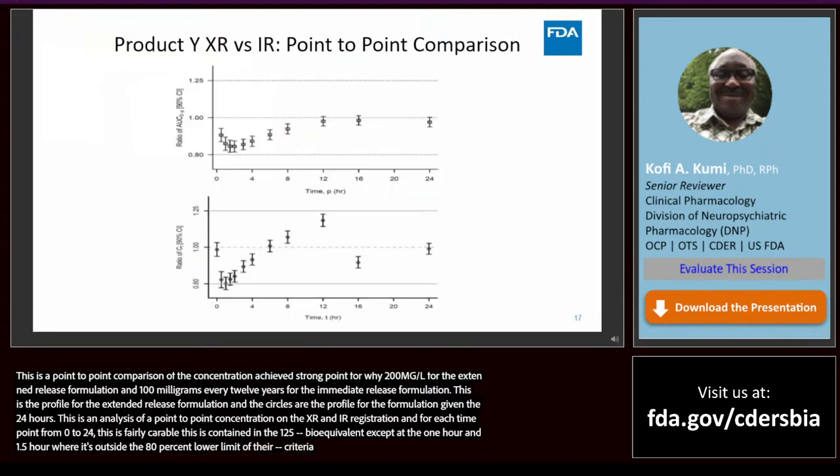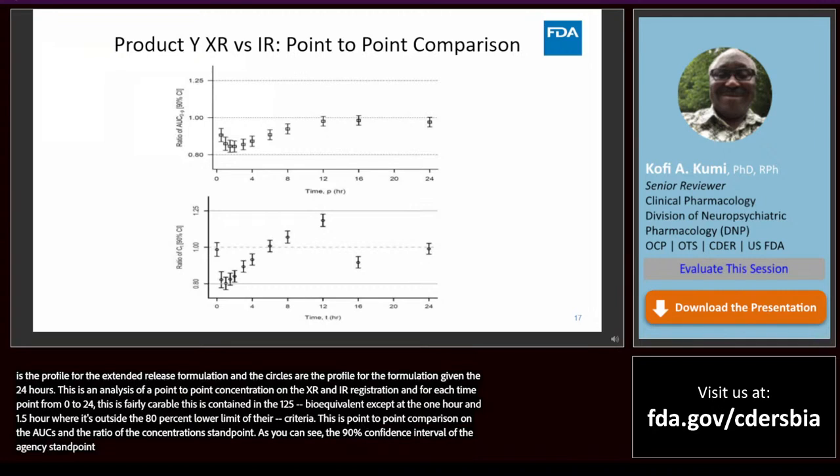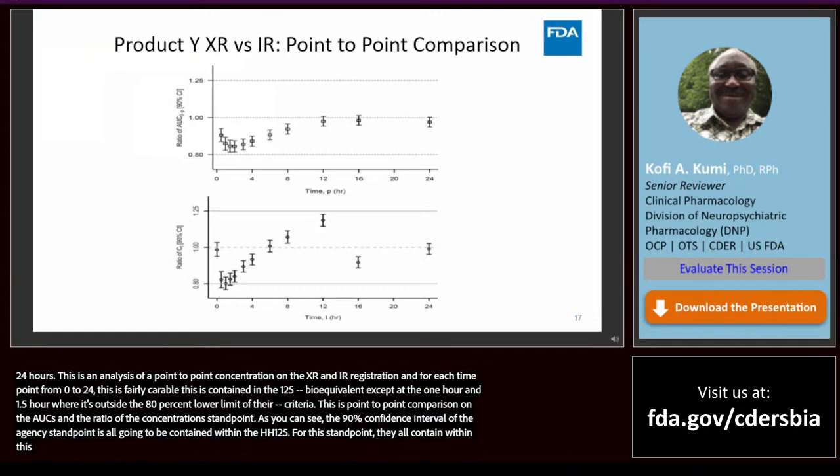This is point-to-point comparison of the partial AUCs and the ratio of the concentration at each time point. As you can see, the 90% confidence interval of the partial AUCs at each time point were all contained within the 80 to 125. For concentration at each time point, they were all contained within the 80 to 125, except for the early time points, as I indicated earlier, where they were outside the 80% lower limit for bioequivalence.